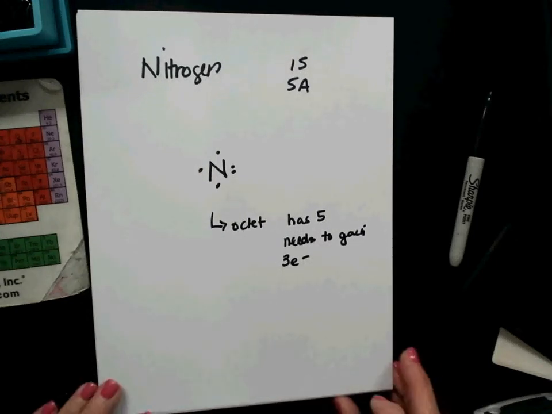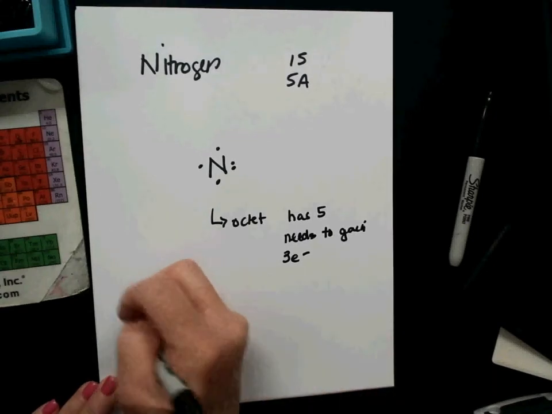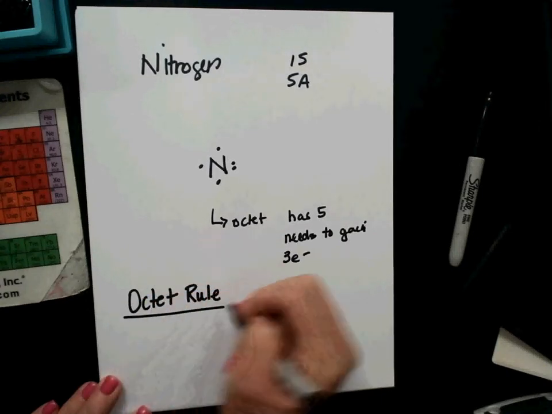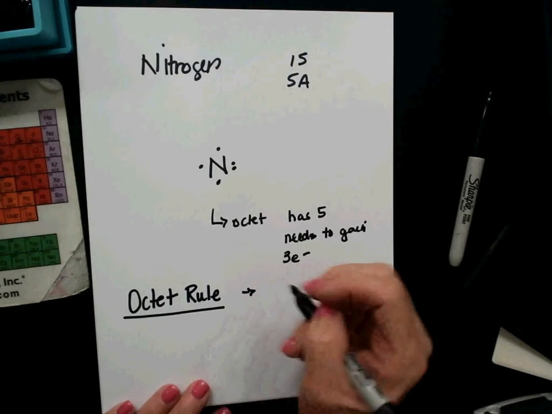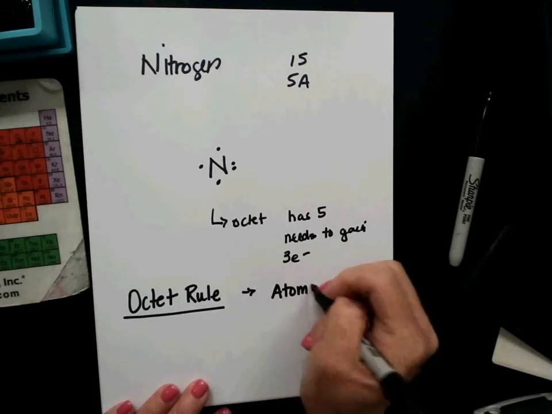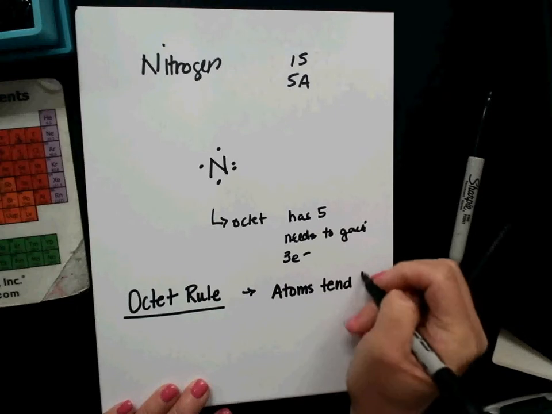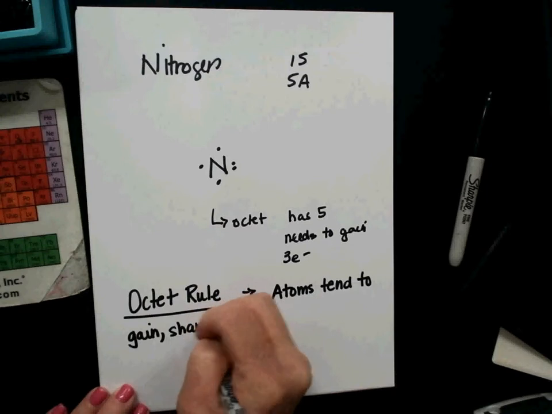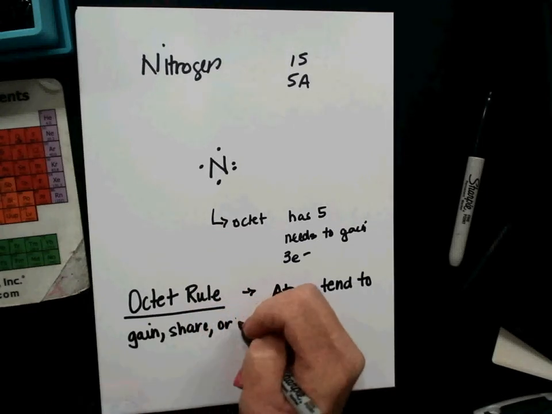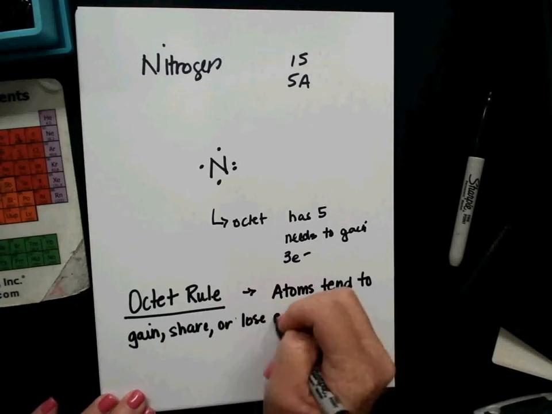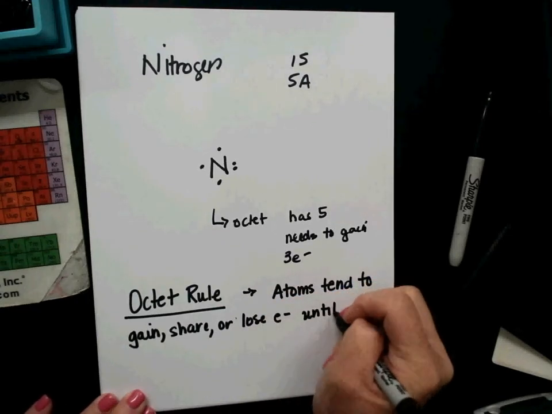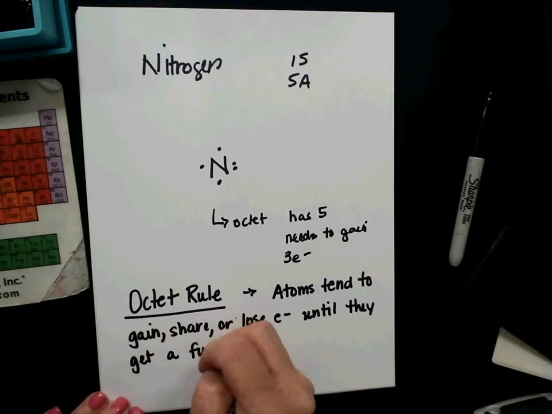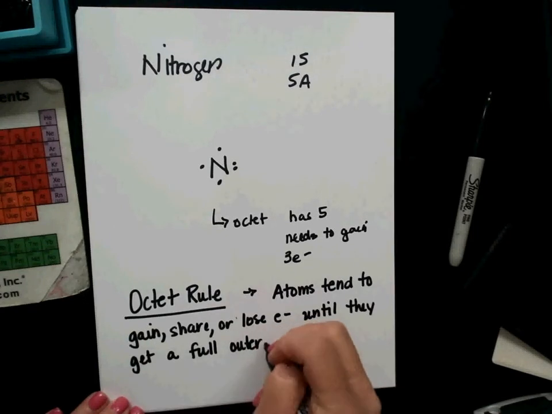Now basically we keep using this word octet. There's something called the octet rule that comes into play in this chapter, and it says atoms tend to gain, share, or lose electrons until they get a full outer shell.